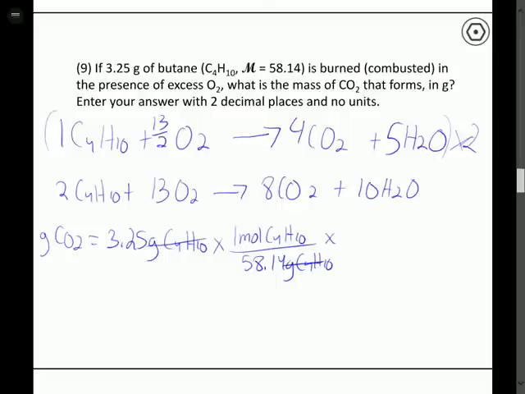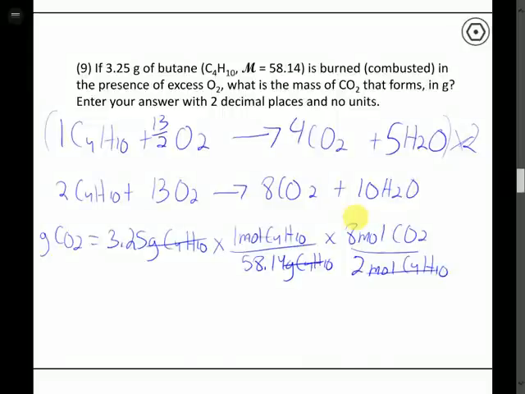And now we're in moles of C4H10, but we're interested in mass of CO2. So we use the mole ratios. 8 moles of CO2 forms for every 2 moles of C4H10 that react, or we can use 4 to 1 if we prefer. 8 moles of CO2 for 2 moles of C4H10.